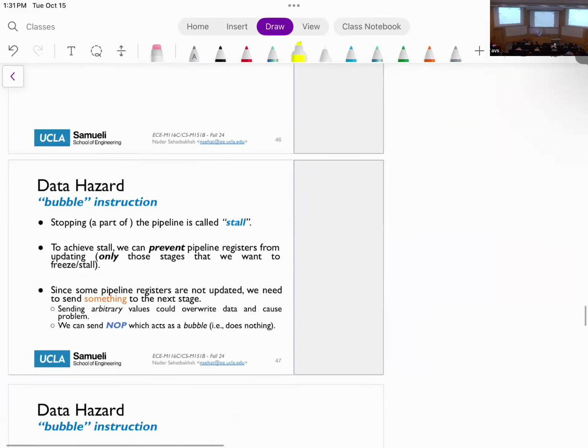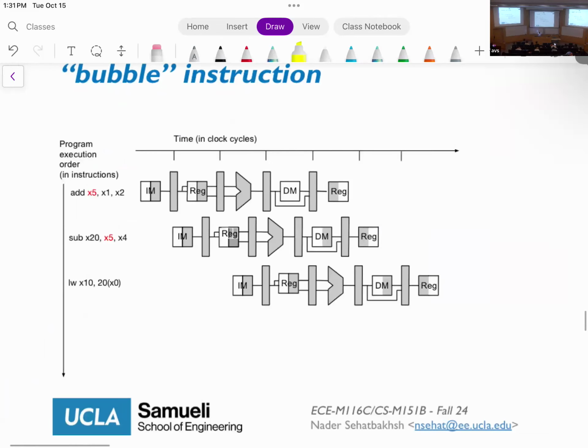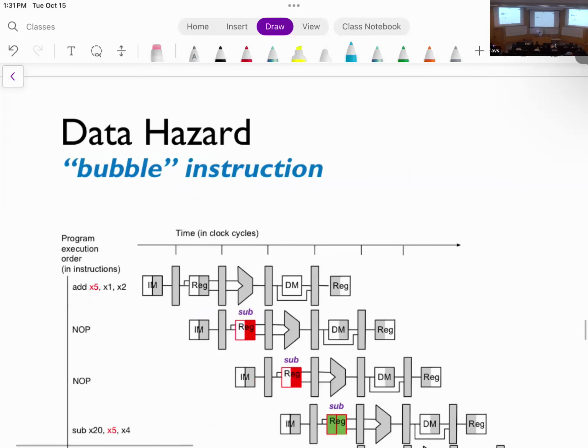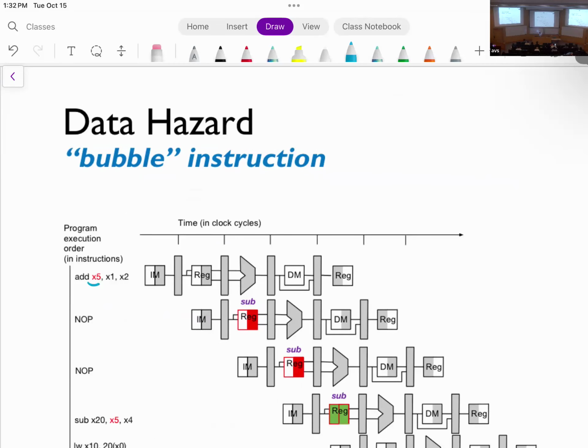So if I have my add instruction here and my sub instruction here, I need this one to not go forward, and I need this one to go forward. So here's what I'm going to do. My add is here, cycle 1. Then my add goes here, and here.